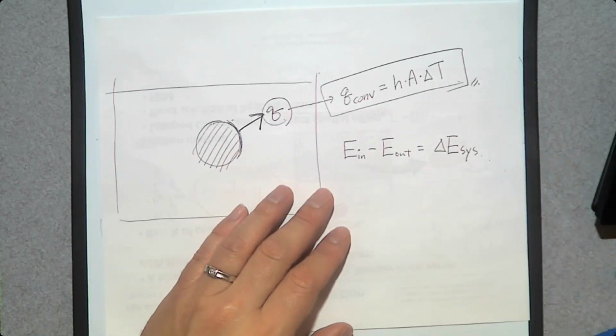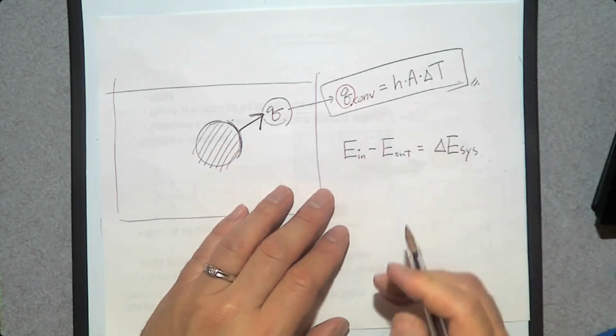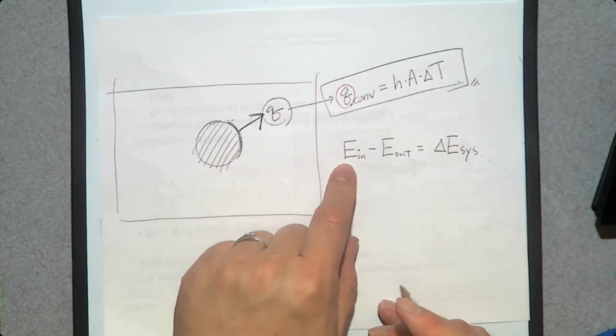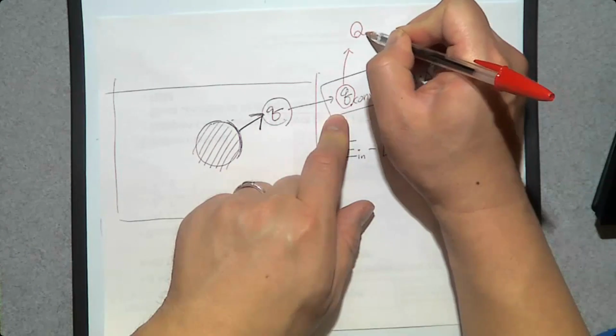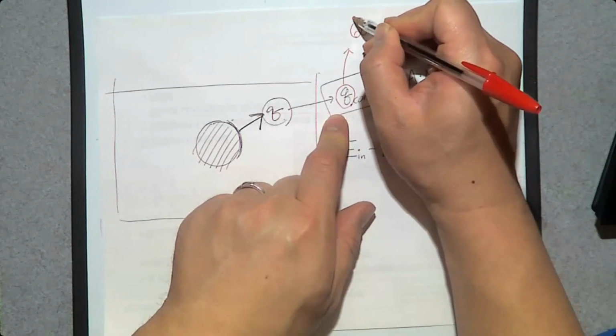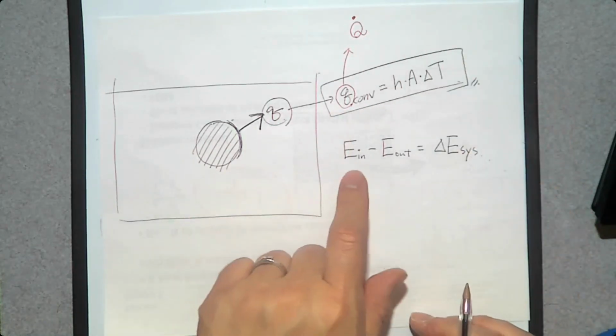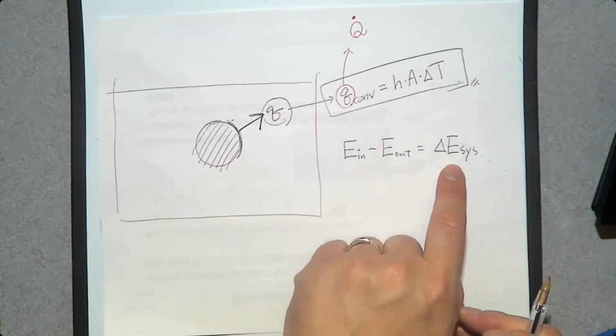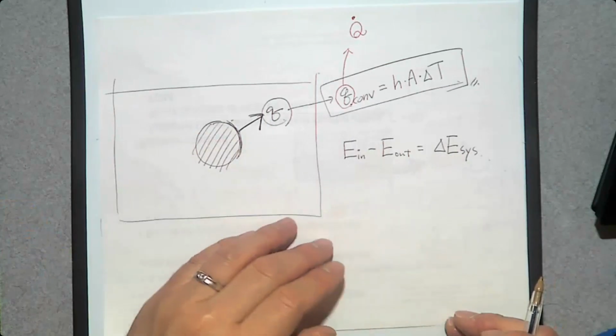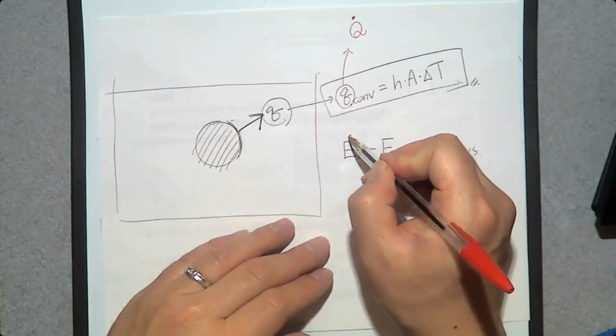Then, what is this Q? In thermodynamics, this is Q dot, the rate of heat transfer. So let's convert this energy balance equation into the rate of energy balance equation by dividing by time t.